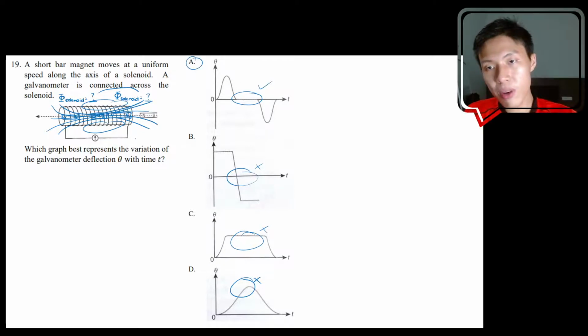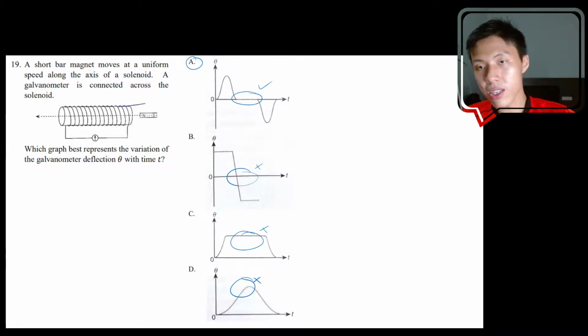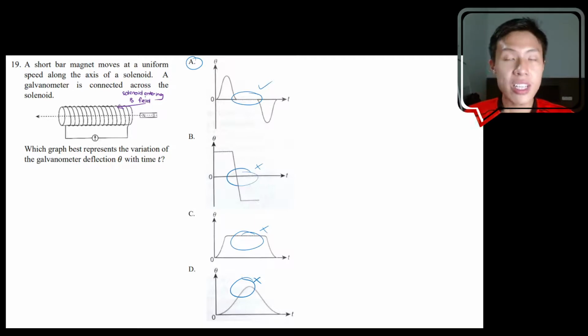So this part, when the bar magnet is entering the solenoid, it is as if the solenoid is entering the magnetic field. So the area that is experiencing a magnetic flux will increase. So dA/dt is positive.